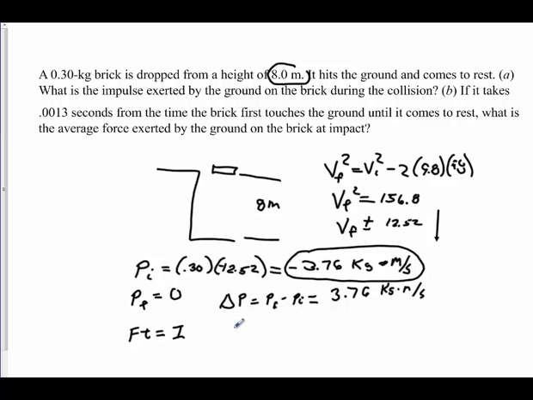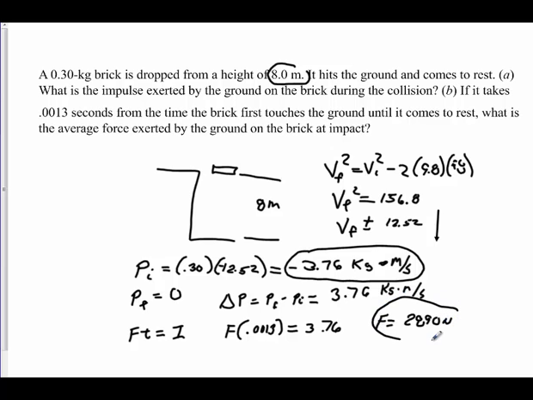So can I not say my force times my time, which was given as 0.0013, must equal my change in momentum, or my impulse, which is 3.76? All we have to do is solve for F, and F would equal 2,890 newtons.